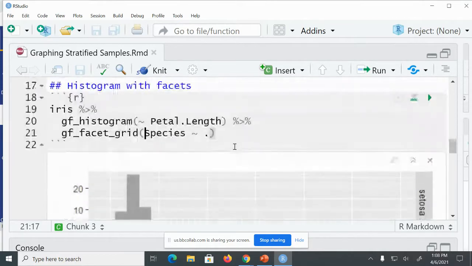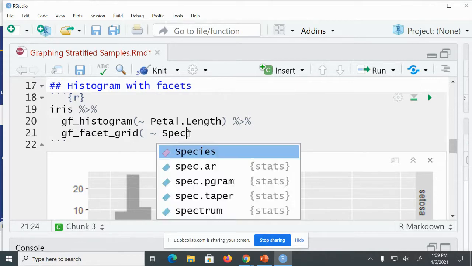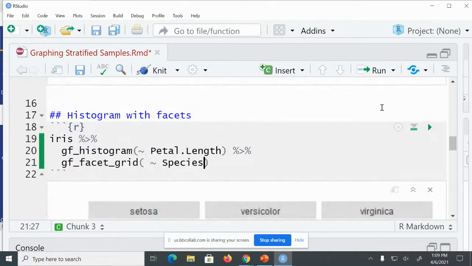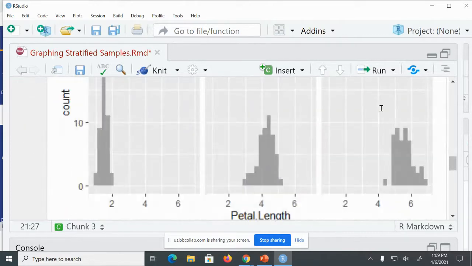If we instead did nothing before the squiggle and species after the squiggle, now it's going to give us 3 graphs aligned horizontally, which sometimes is useful.